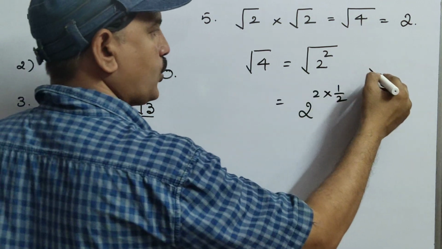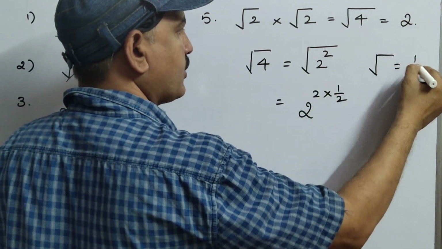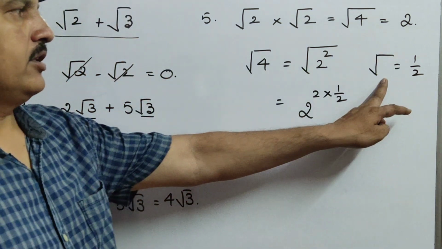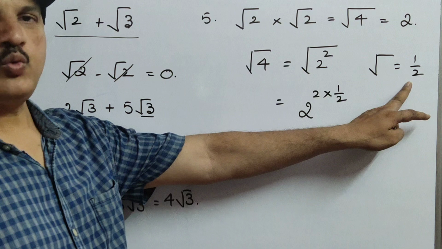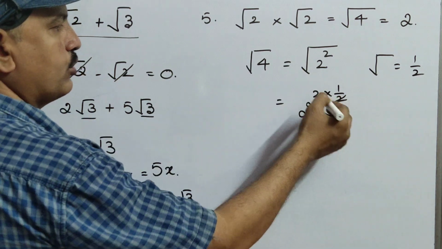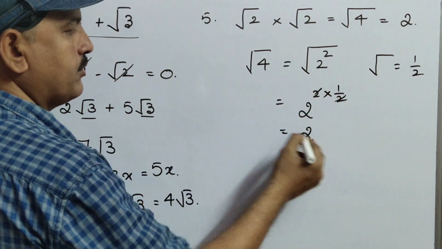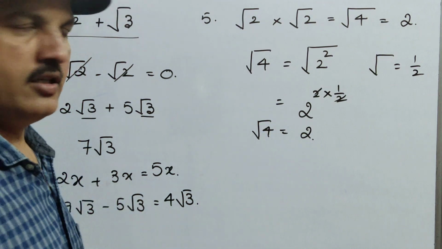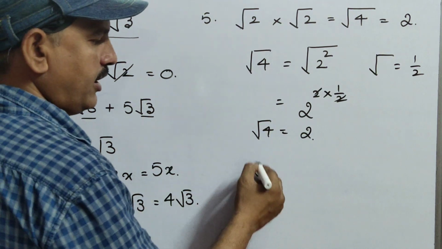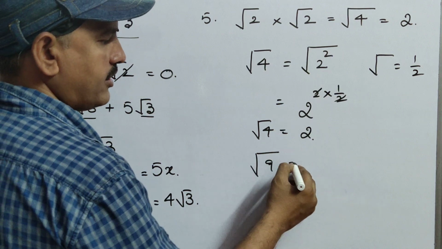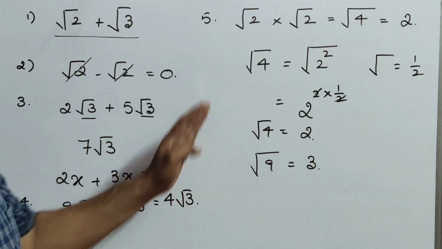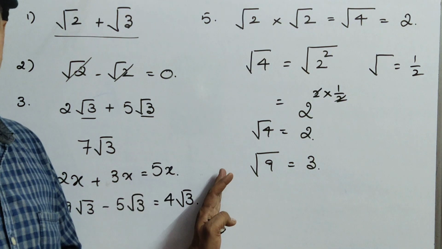That means square root can be written as the power 1 by 2. So the 2s get cancelled. So 2. That means square root of 4 is 2. Is it clear? And similarly, square root of 9 is nothing but 3. So you all know very well about the square roots.